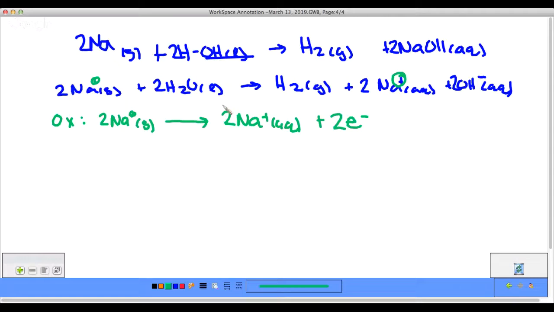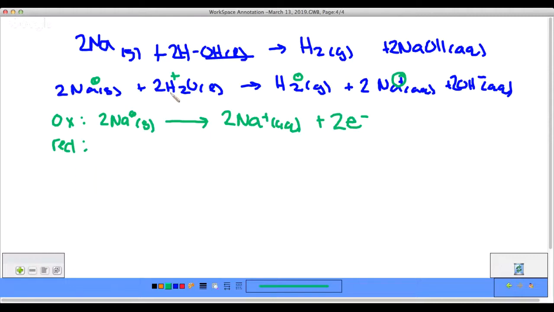So that's my oxidation. My hydrogen over here is going from a plus to a 0, so that is our reduction.